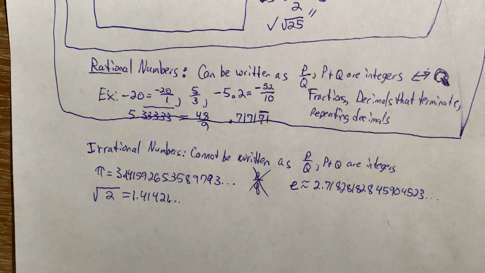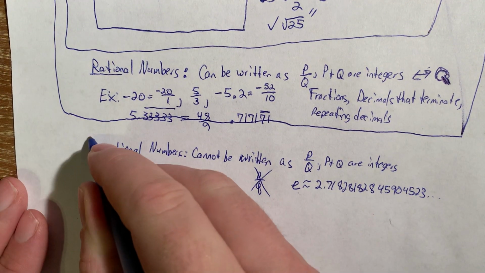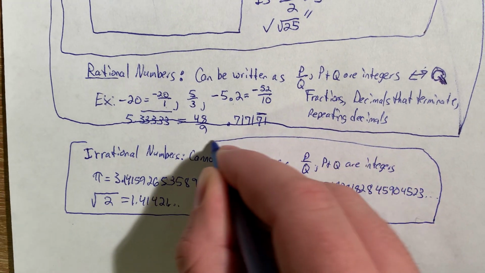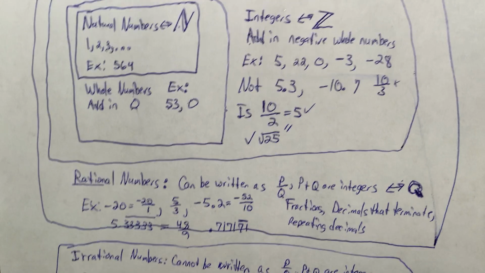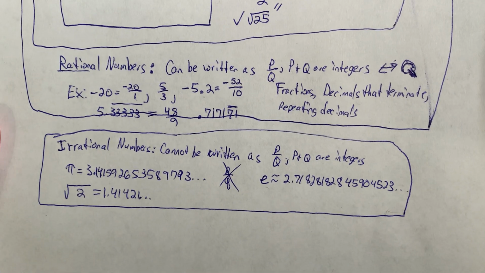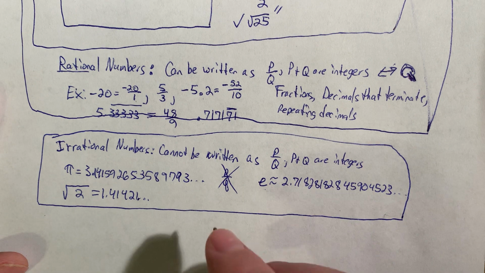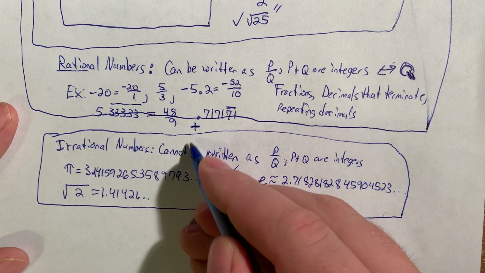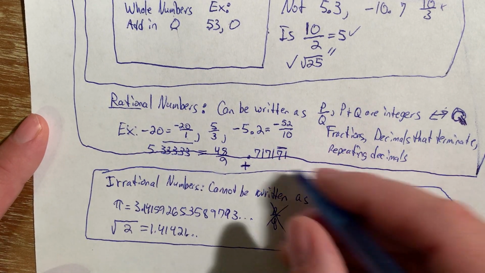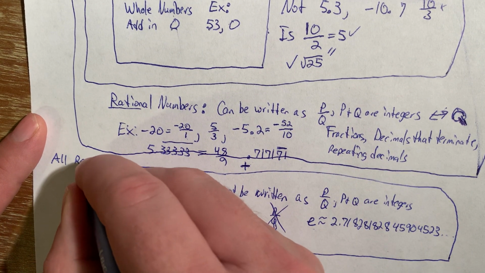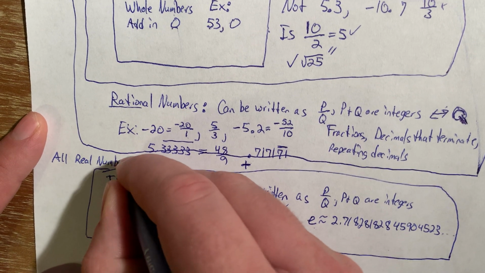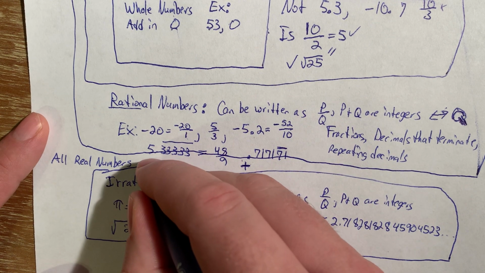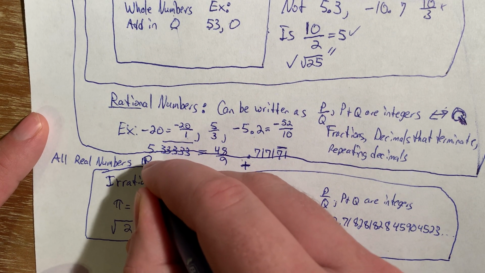So irrational numbers are their own separate group. The ones from before are not. Notice it's its own different box. All the other ones were contained in each other, but irrational ones are not. However, together, irrational and rational numbers, if we add these two groups together, this is the set of all real numbers, all of the irrational numbers and rational numbers put together, and we write that with an R with a double line at the beginning.